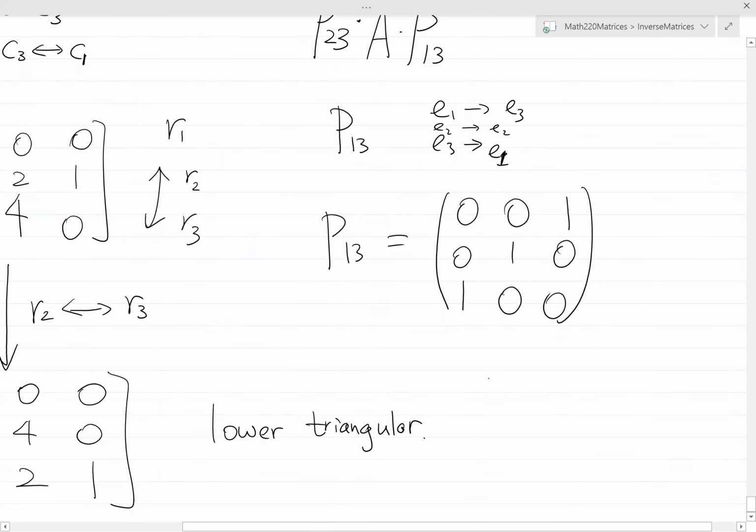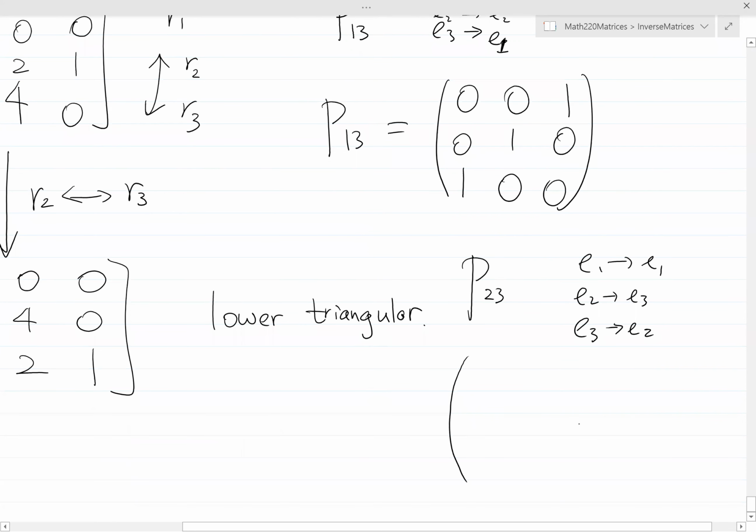Now P23. What P23 does is E1 goes to E1, E2 goes to E3, and E3 goes to E2. If you write down what P23 is: E1 goes to E1, which is 1, 0, 0. E2 goes to E3, which is 0, 0, 1. E3 goes to E2, which is 0, 1, 0.